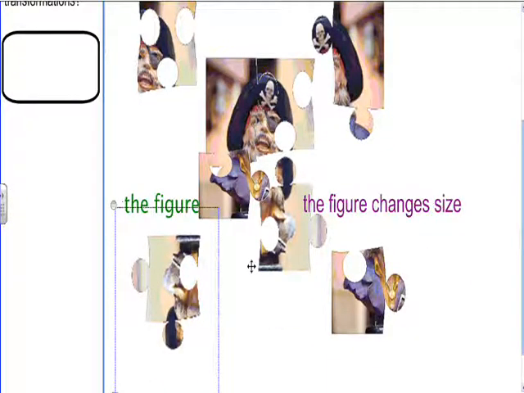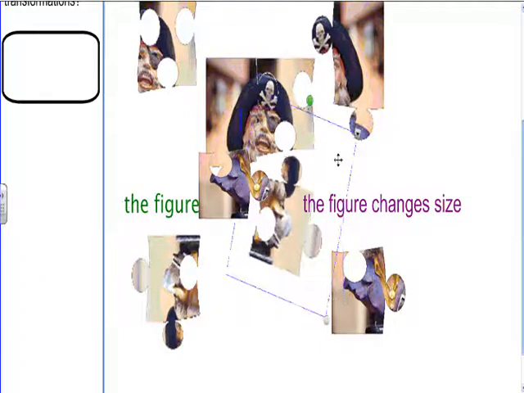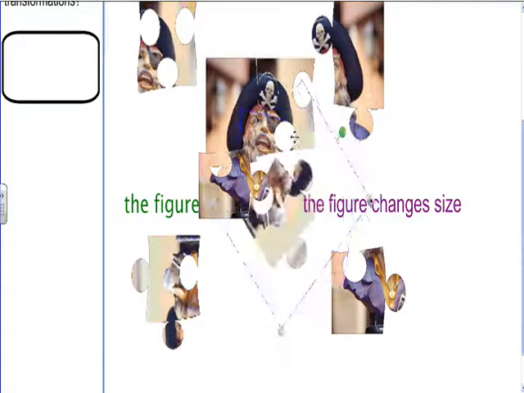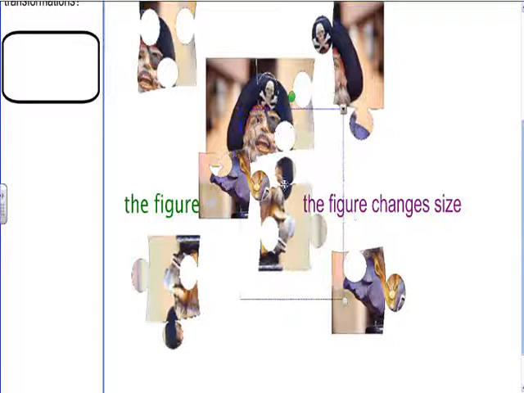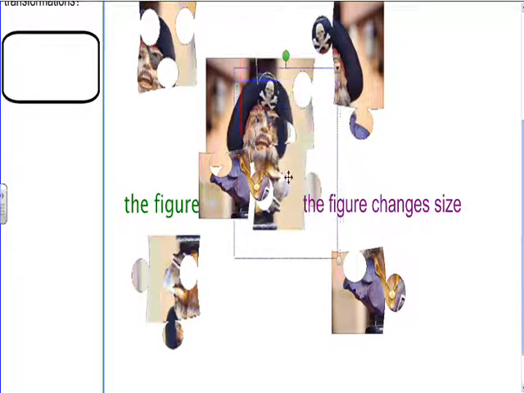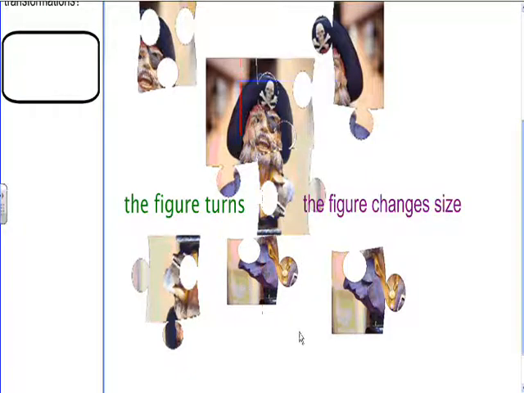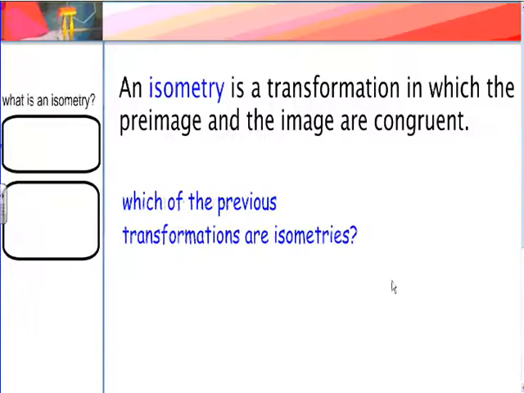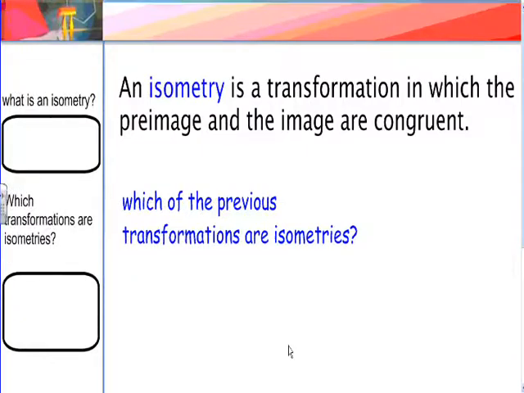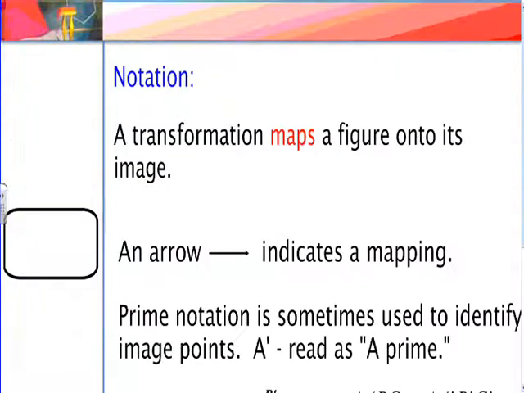A turn would also be an isometry, again, because we're not changing the size of the figure at all. The only thing that wouldn't be an isometry is this last one that we did, that we had to enlarge or reduce the puzzle piece. So the first three were isometries.